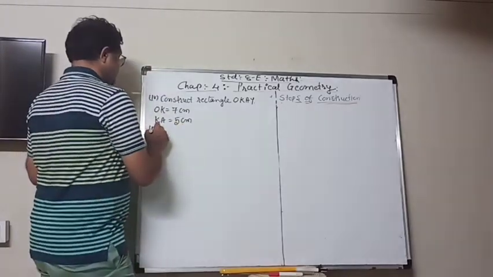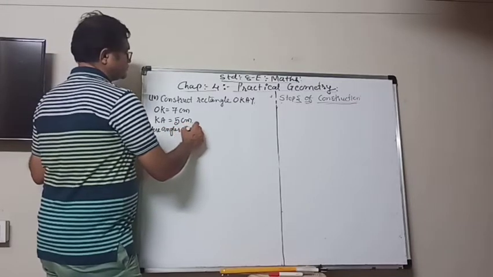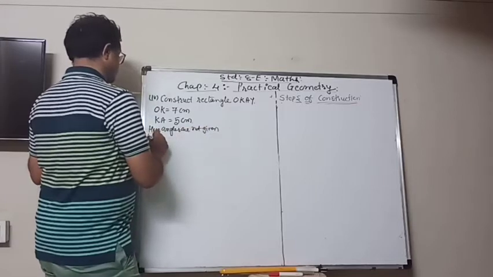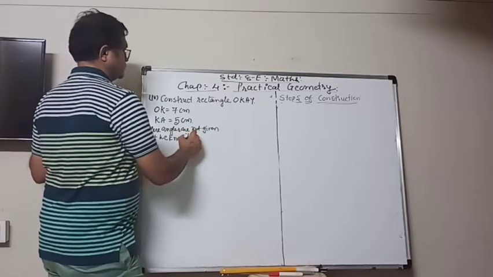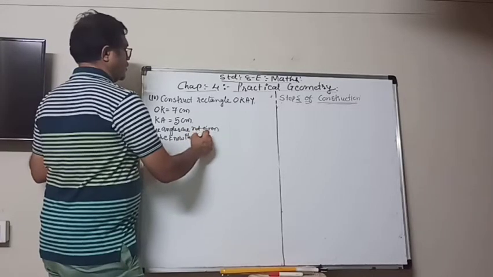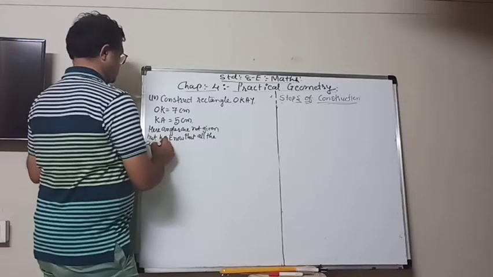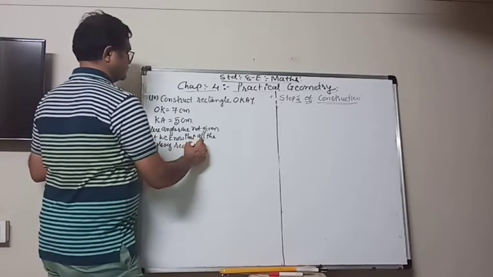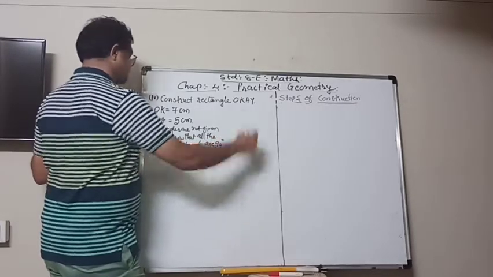So here angles are not given, but we know that all the angles of rectangle are 90 degree.